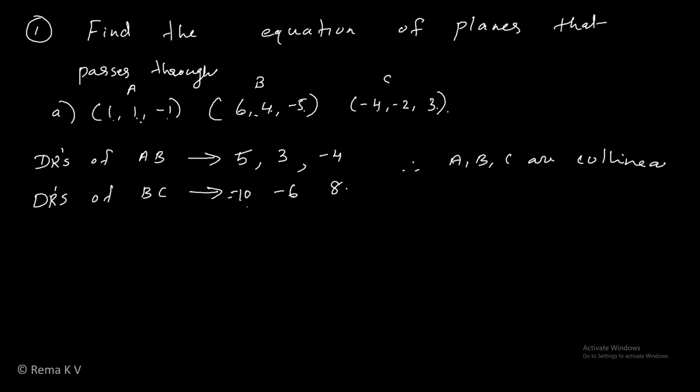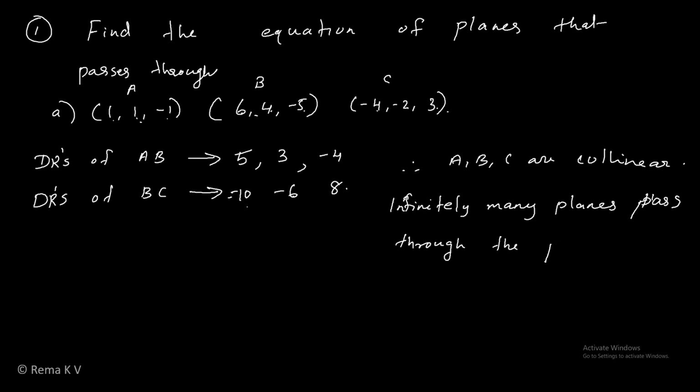So if the points are collinear, infinitely many planes pass through the points. We cannot determine a unique plane.